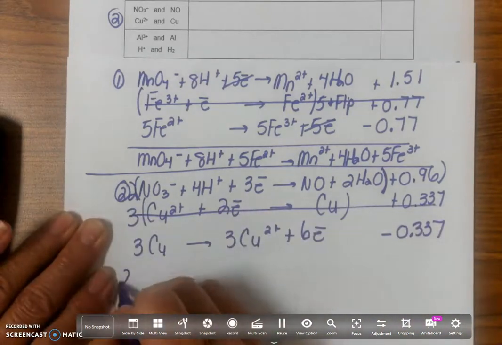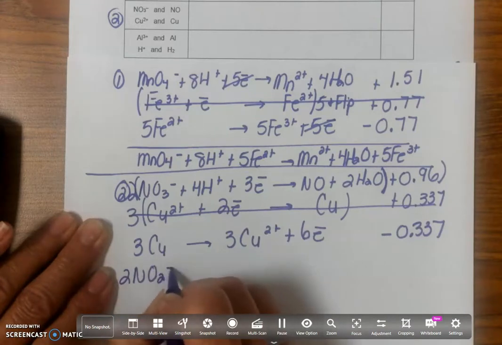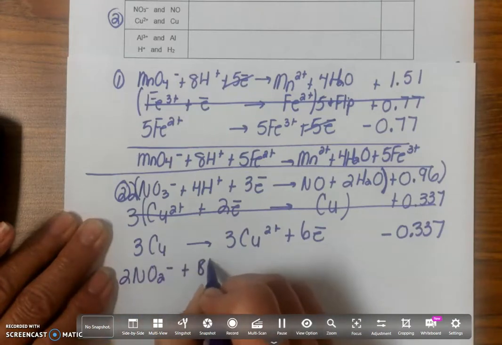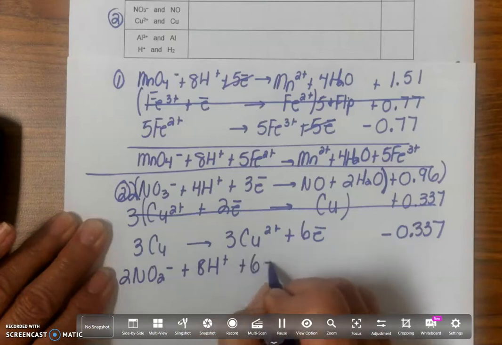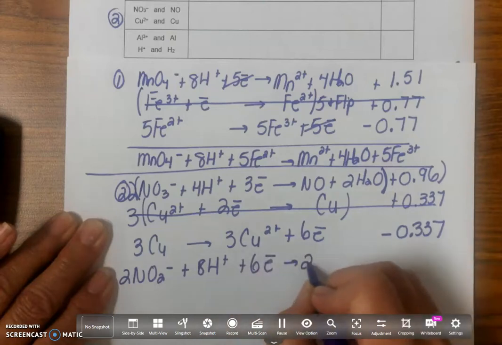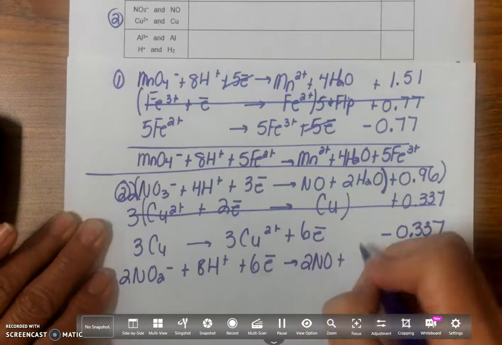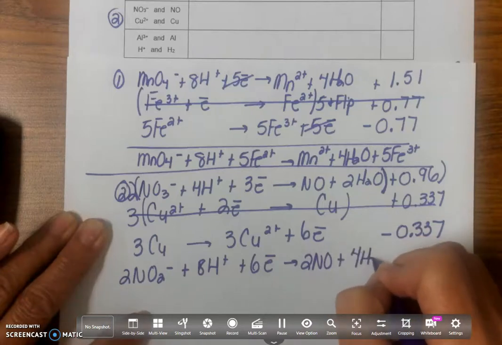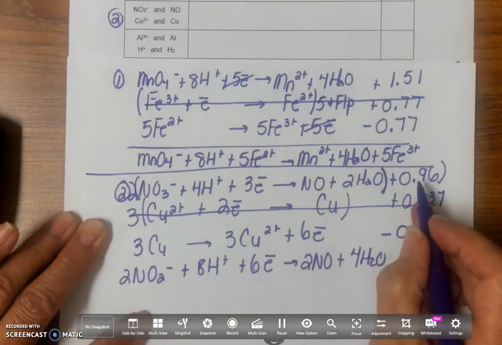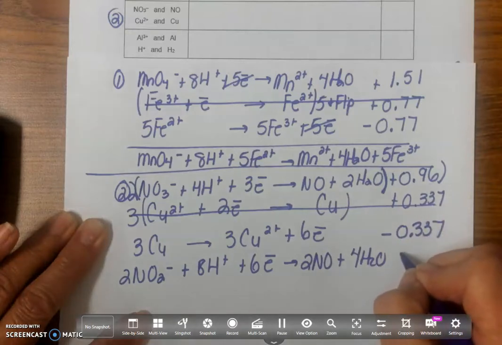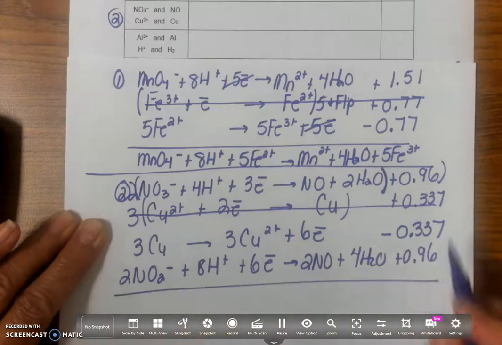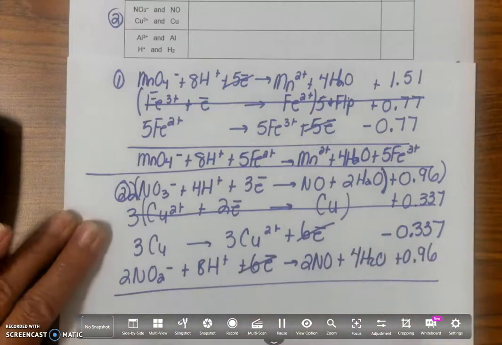Then I'm going to multiply the top one by 2 only. 8H plus 6 electrons goes to 2NO plus 4H2O. Again, I leave this alone. So this is going to be a positive 0.96. My electrons all cancel.